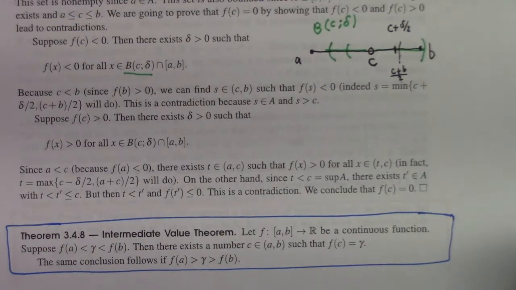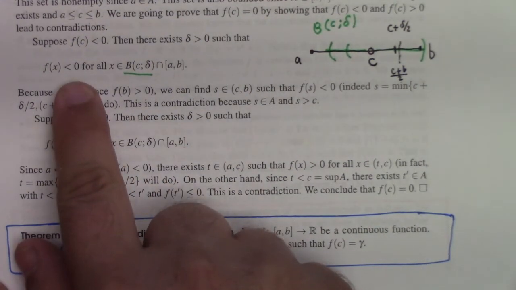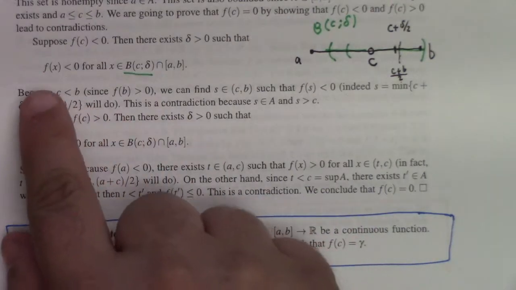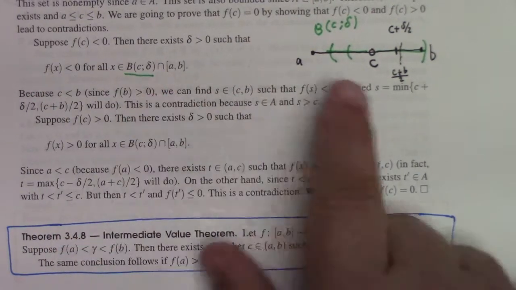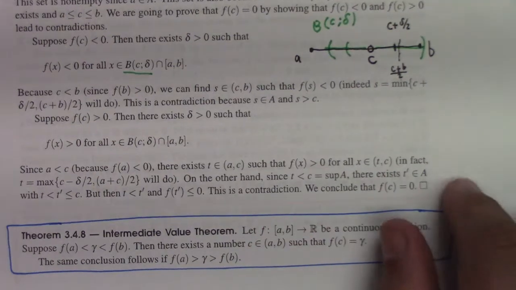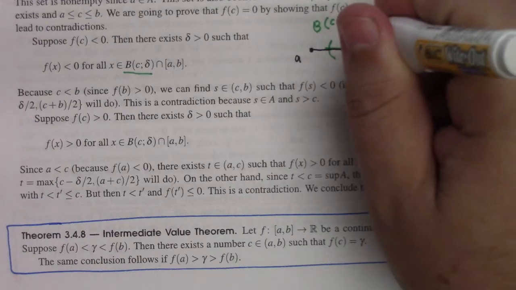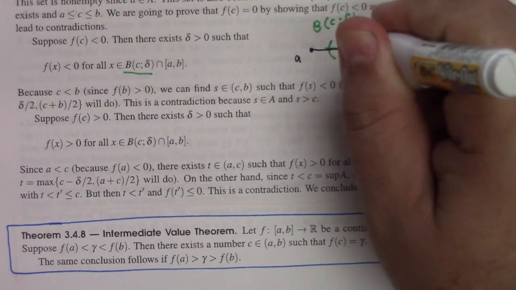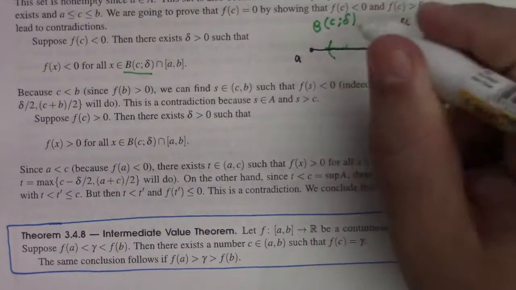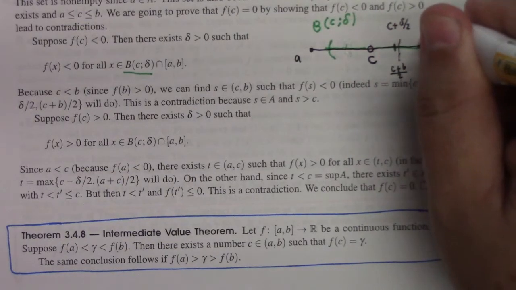Could it though? I don't think it can, because we're given that f of b is positive and f of x is less than 0 for all the x in this ball. So that's not possible even, right? My picture can't even happen for the so constructed delta here. So yeah, let me undo that.